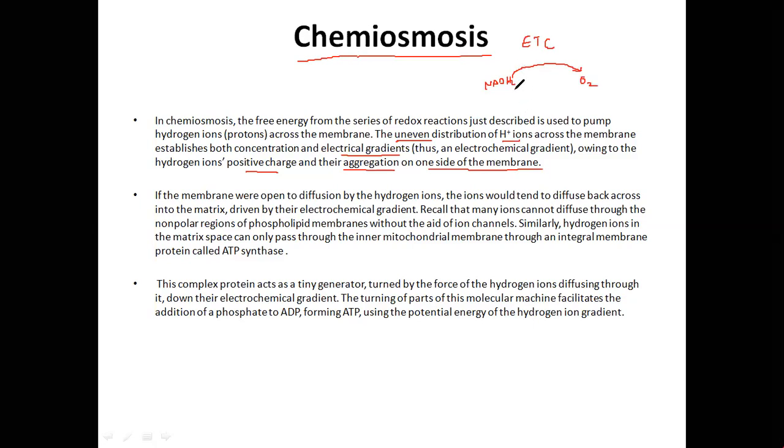A series of electron carriers transport these electrons from NADH2 to oxygen and convert oxygen into water, which results in the movement of protons.